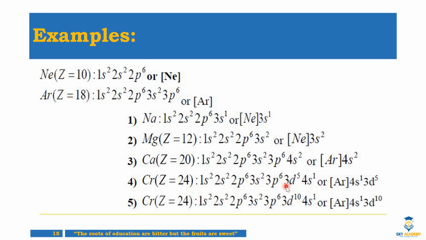After gaining stability, I check the atomic number which has 18. For argon, I take 2, 4, 10, 12, 18. It stops here. This part is the argon. Then I write argon in bracket. Then I add the remaining 4s1, 3d5. This atom is stable.